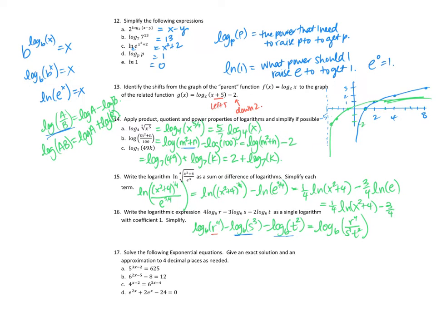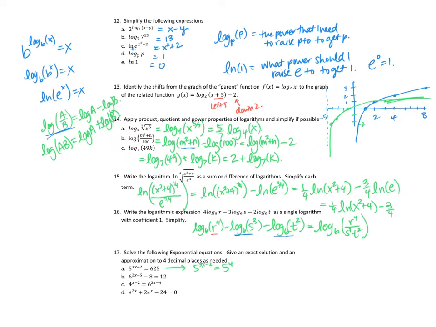Okay, the next one says solve the following exponential equations, give an exact solution and an approximation to 4 decimal places as needed. Okay, so on this one, I know that 5 to the 3x minus 2 is equal to, I know 625 is 5 to the 4th.